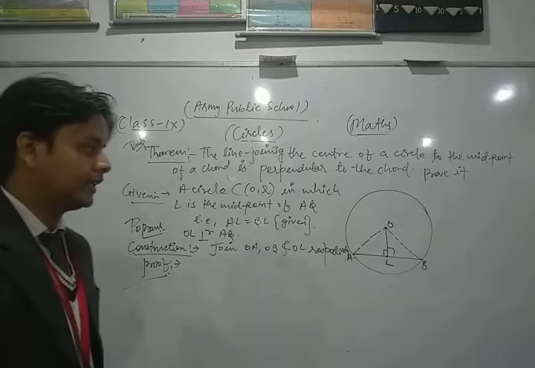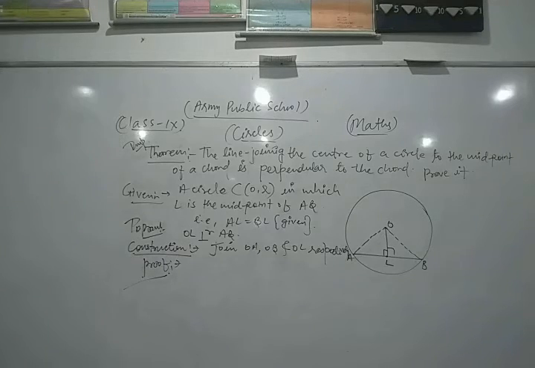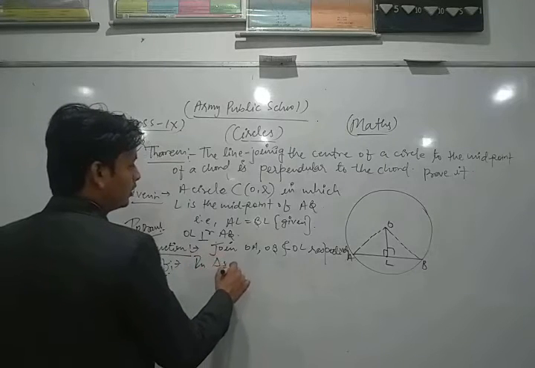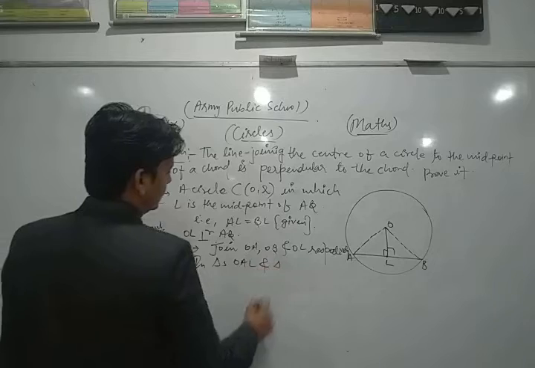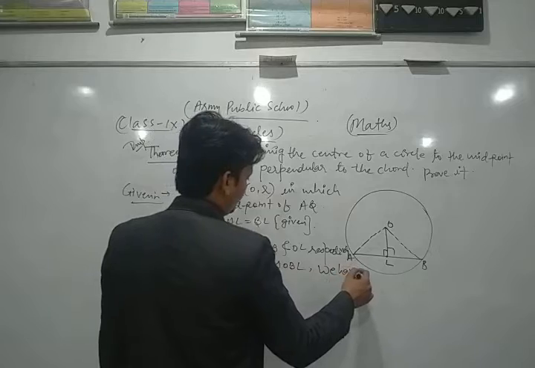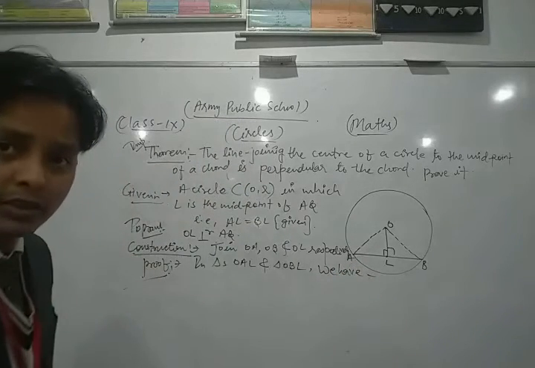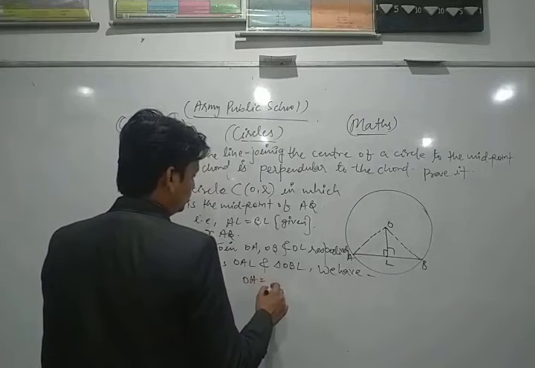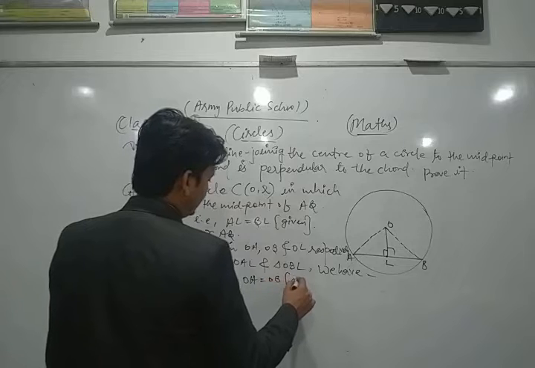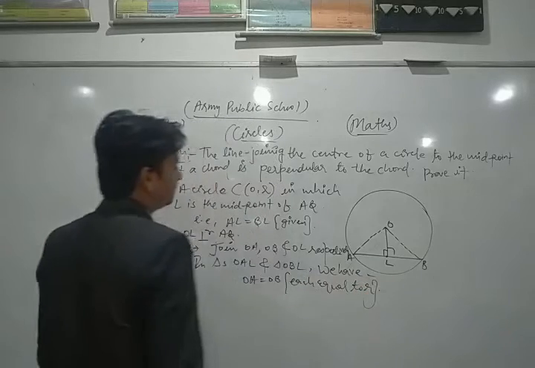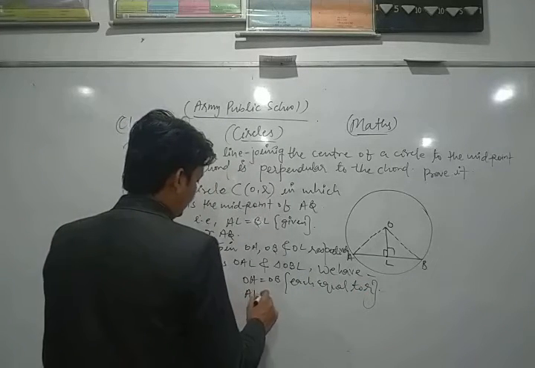Now look, first we take triangle OAL and triangle OBL. Now in triangles OAL and OBL, we have OA equal to OB, each equal to radius R. AL is equal to BL.